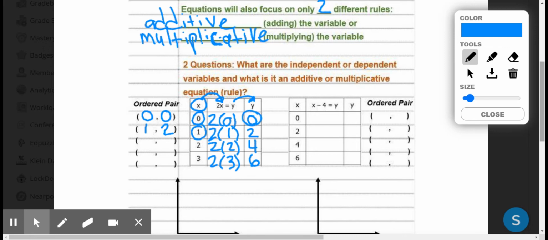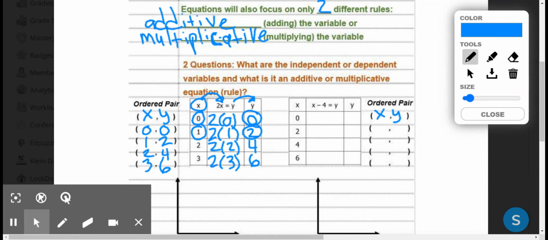You've got the process table: 1 goes in, times 2, and then 2 comes out. Then we've got 2, 4: when x is 2, y is 4. And when x is 3, y is 6. We're not going to go any further than that. Always remember that x is going to be first, and then y in the ordered pair.